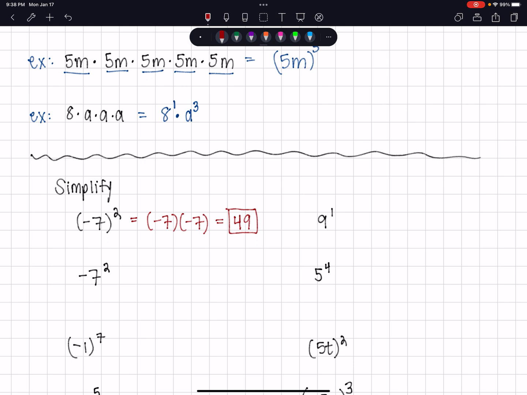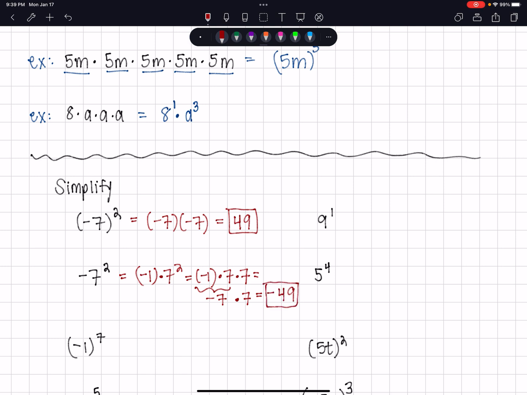Versus -7 squared, this we're going to rewrite as -1 times 7 squared, which is -1 times 7 times 7. -1 times 7 is -7, and -7 times 7 is -49.